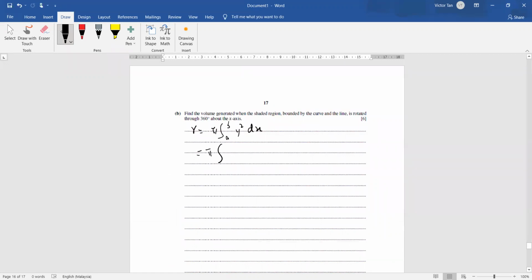This is between 0 and 6, (minus half x plus 4) squared minus (8 over (x plus 2)) squared dx.